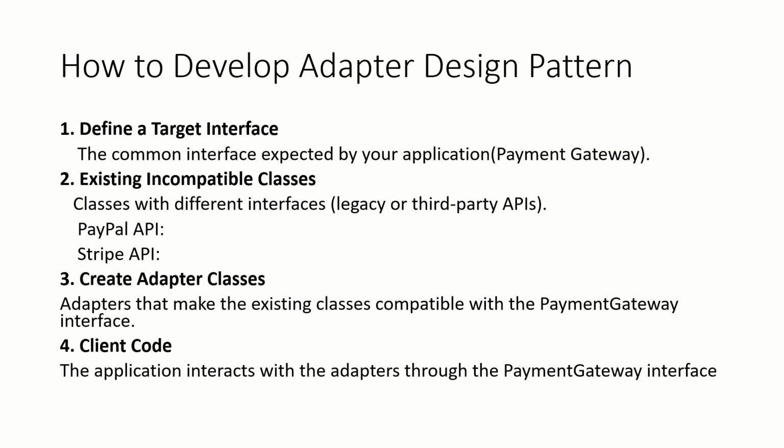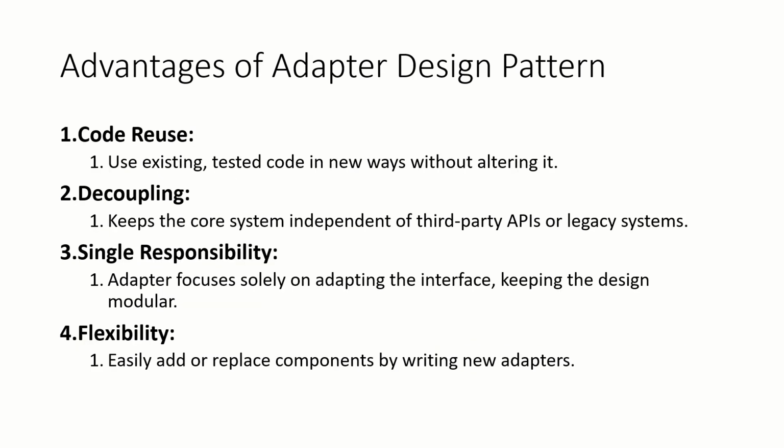Then you have to create the adapter which will work as a bridge between the PayPal classes or the Stripe classes and the payment gateway, and then the client can use it. I will show you how you can develop this. I will go to the next slide to discuss the advantages.